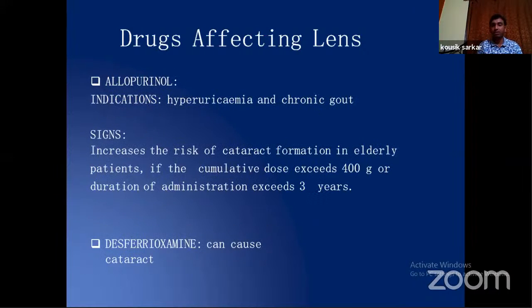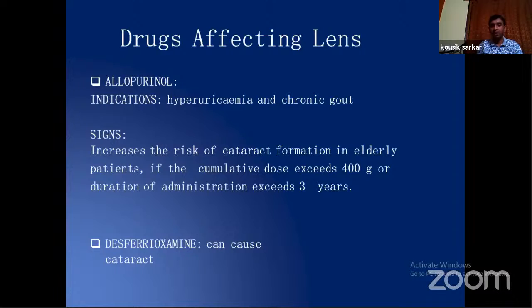Allopurinol, which is usually used in chronic gout or hyperuricemia, also causes cataract formation. Increased risk of cataract formation is usually in elderly patients if the cumulative dose exceeds 400 gram or if the duration of administration of allopurinol exceeds 3 years.